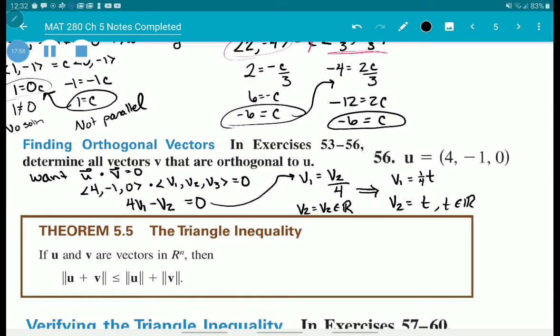So vectors that match this criteria, that will be orthogonal to this, will have this format. 1/4 t, t, and then... zero. That third component would have to be 0.